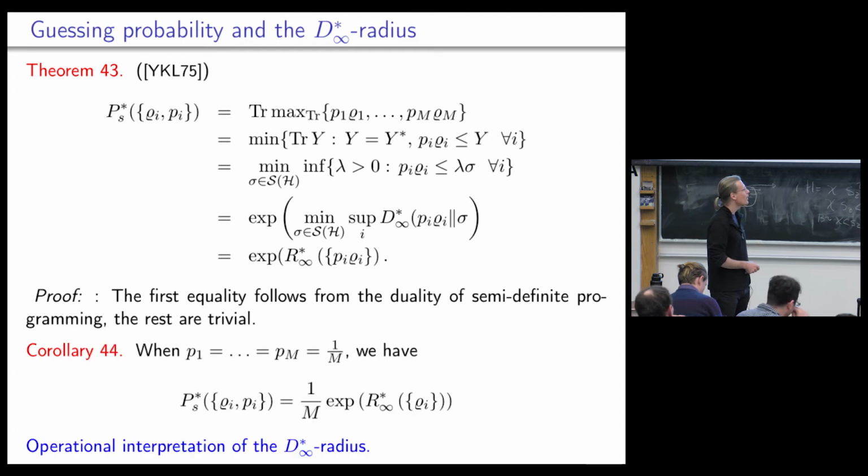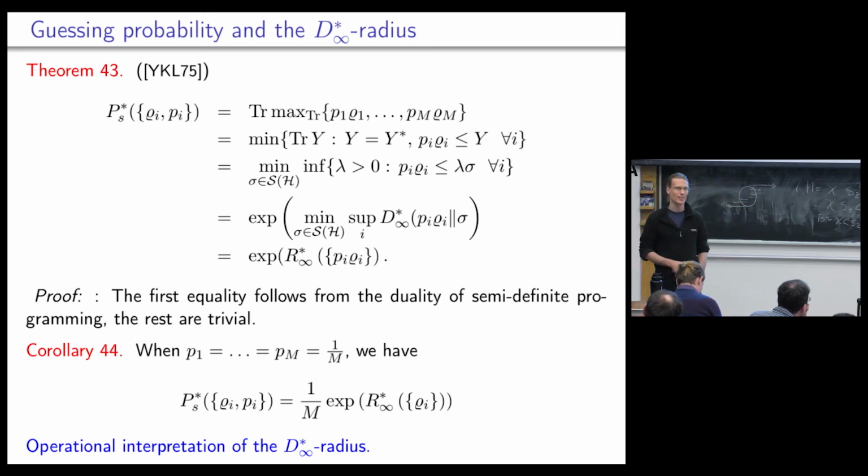So what we see here is, especially if you take all the probabilities to be equal, then the optimal success probability is nothing else than 1 over the number of messages times exponent of the infinity star radius of this set of states that Alice is using for her encoding, or what Bob is receiving. So if you thought that these concepts are something extremely abstract and who knows whether they have anything to do with anything real, then this is an example that they are actually very closely connected to a very important and basic problem.